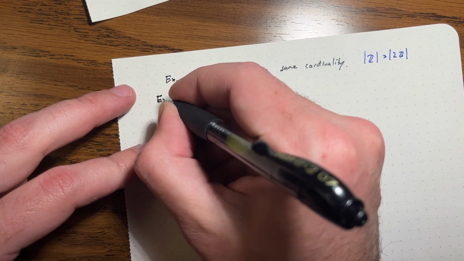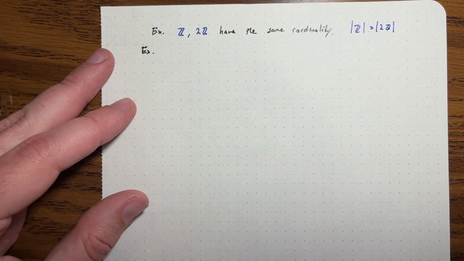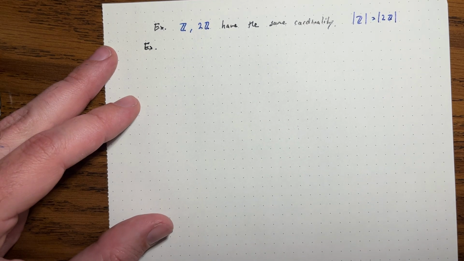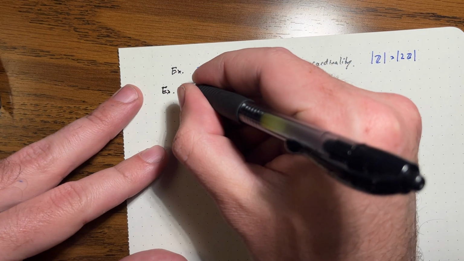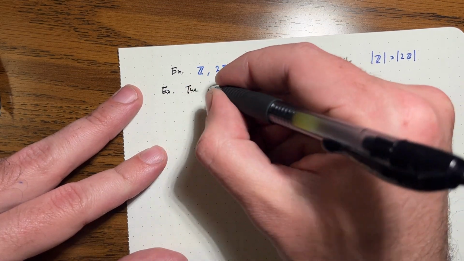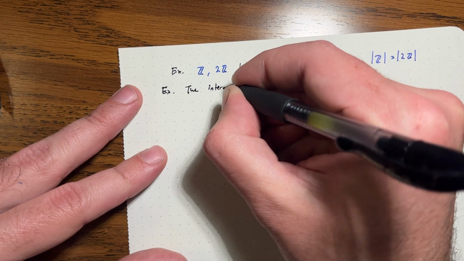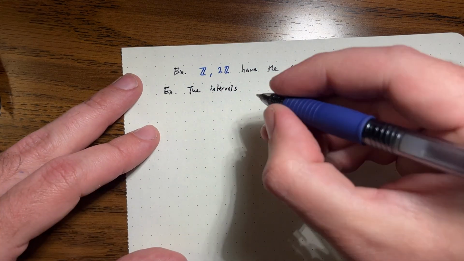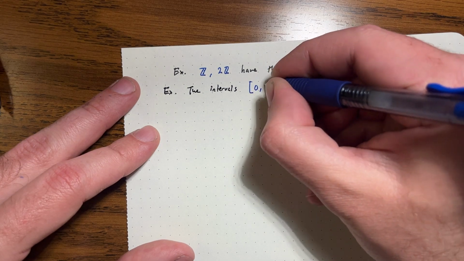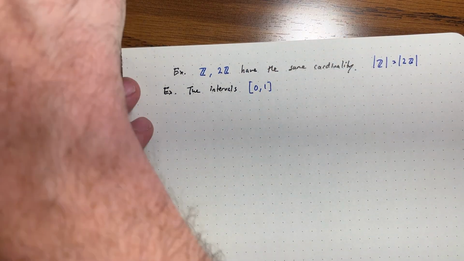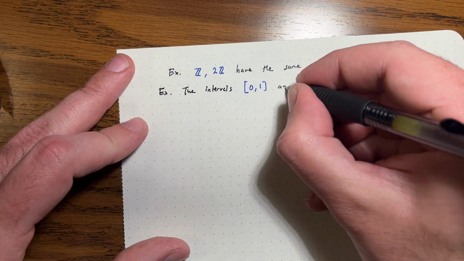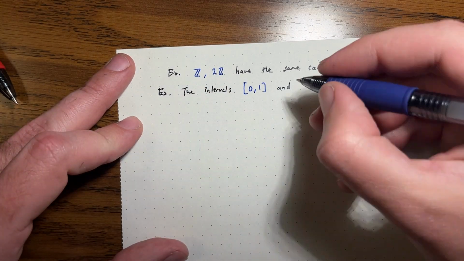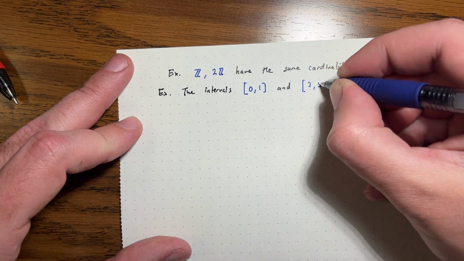Let's do another example, where we'll also do infinite sets. So let's do the interval 0 to 1, including the endpoints, and the interval 2 to 5.